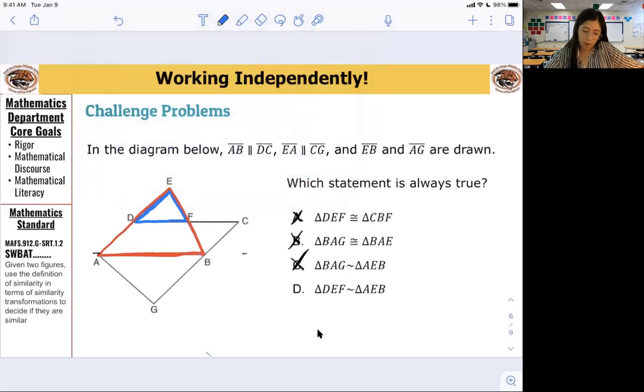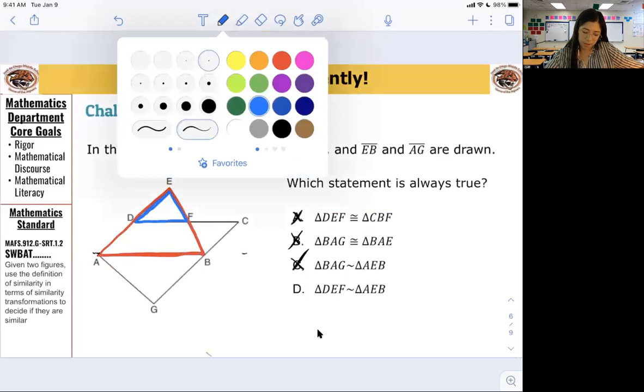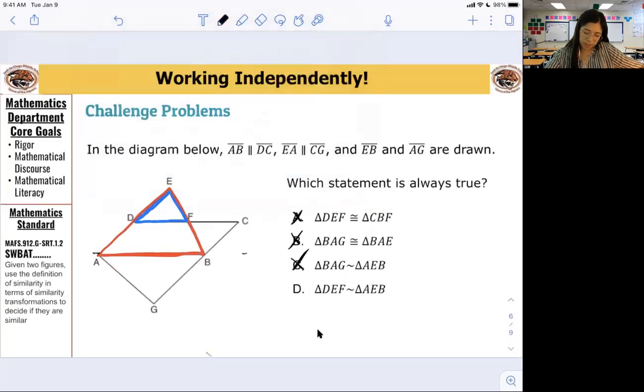But now let's show why those are similar. So first of all, we know that these sides are parallel. And since that's parallel and we have transversal lines, D, we already said D would be congruent to what? A. To A. And then F would be congruent to?